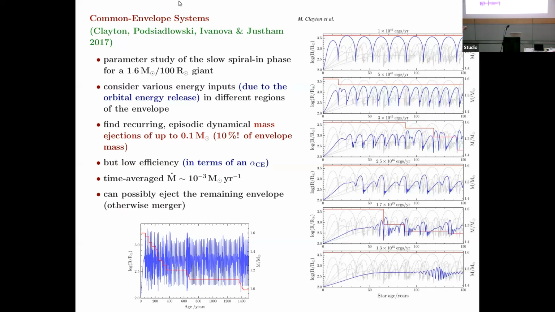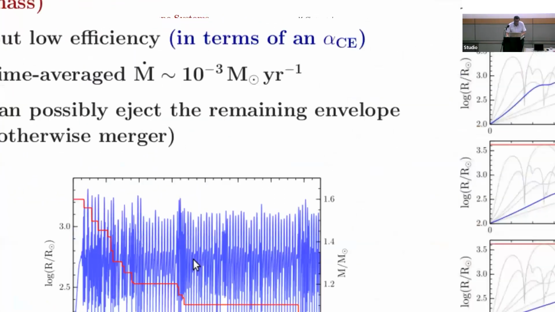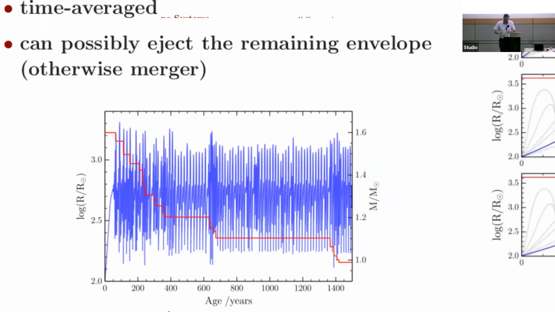But you can see it's a little bit erratic. It's somewhat stochastic, actually. This is at the bottom. Here we show you a long calculation for 1500 years of a 1.6 solar mass star, and it loses mass regularly.